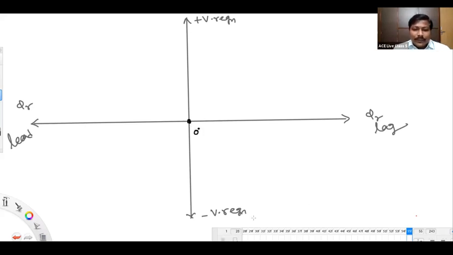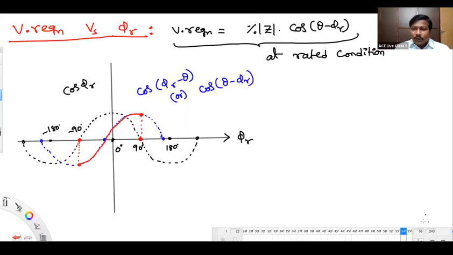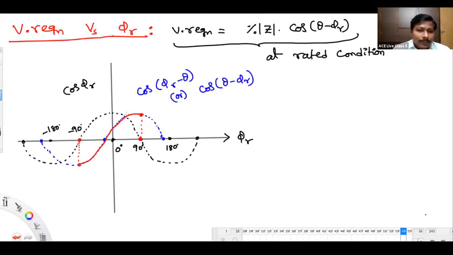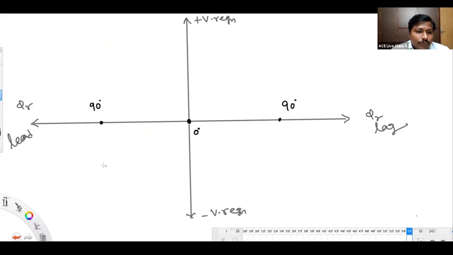Let me tell you, this red color plot I'm going to take up. Just observe. I have to show minus 90 plus 90, to show that this is 90 degree lagging side or leading side. Now you see that voltage regulation curve will start from this 90 degree at some point here, and then reaches to some peak, comes down. It's a cosine wave shape, of course.